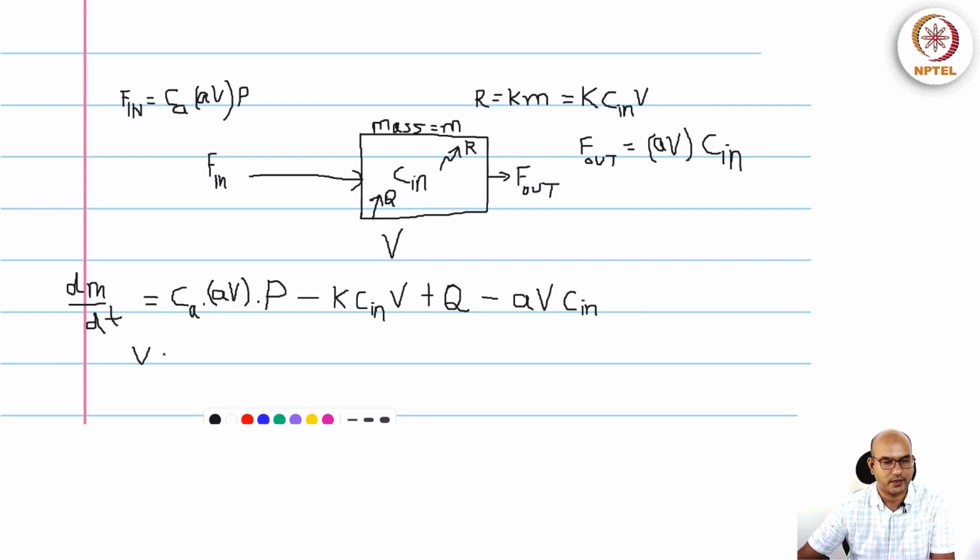So I'm going to write that also now: V dC in by dt is equal to, and I'm going to combine these things, C in and C A V. So we will have A V P C A plus Q minus V times A plus K multiplied by C in. So I've used this and I've combined it here.